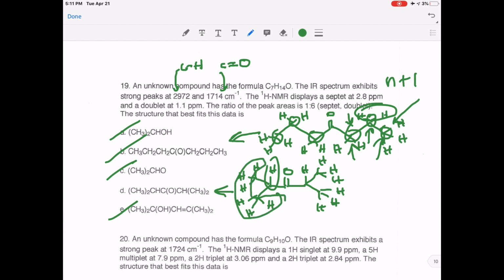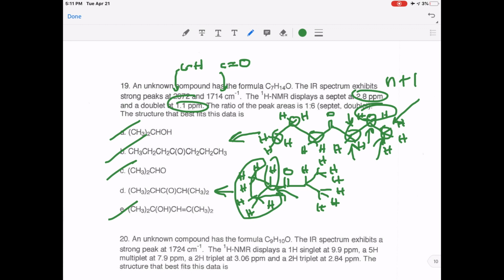And they're also bonded to carbons that are adjacent to this carbon. Since the chemical shifts are 2.8 and 1.1, it also makes sense because that refers to the fact that they're both protons that are attached to alkanes.